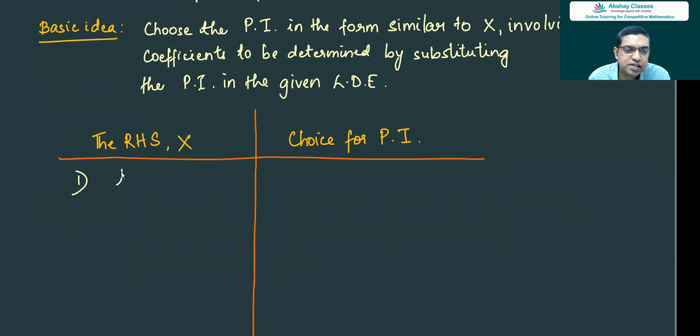So if the RHS is in the form of k e power alpha x, then the choice for the PI will be to replace k with some unknown constant c, so c e power alpha x.